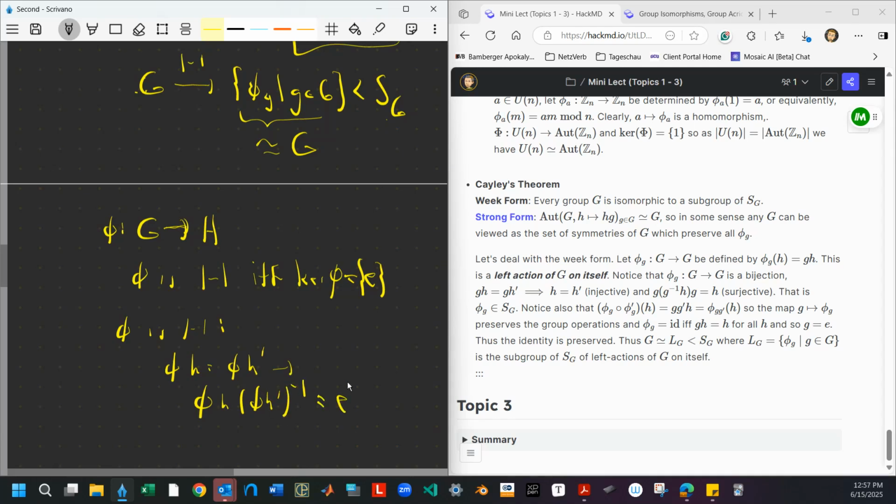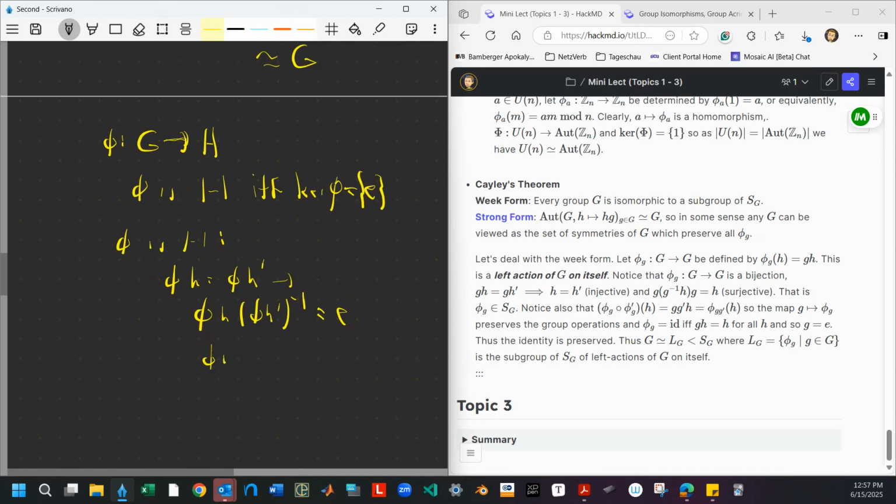I guess I have to do a little bit of work here. This is phi of h, and remember that phi of h prime inverse will actually be phi of h prime, inverse. We proved that before, because it preserves inverses. That wasn't part of the definition, but we proved that it's true.